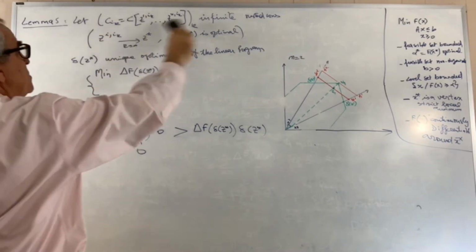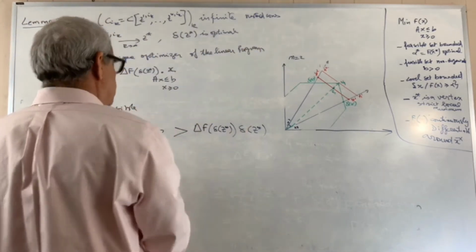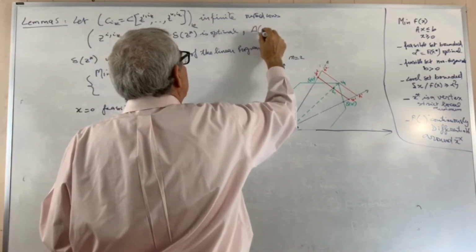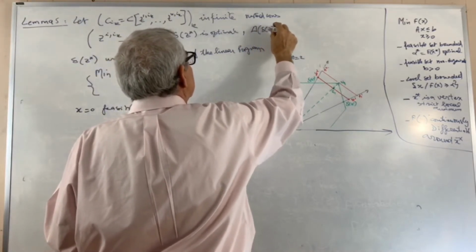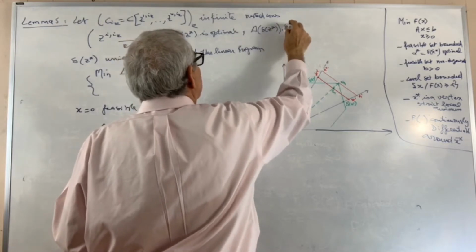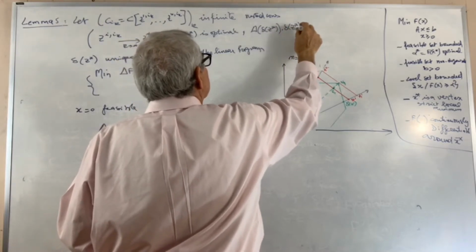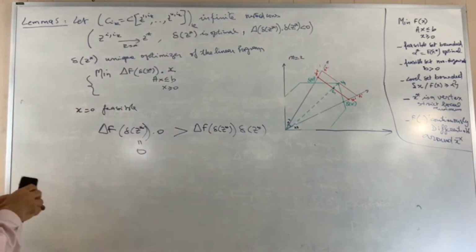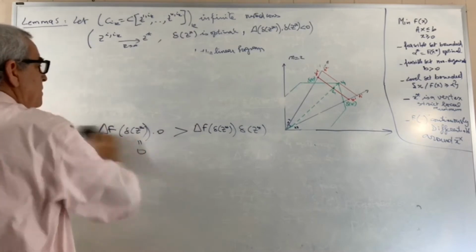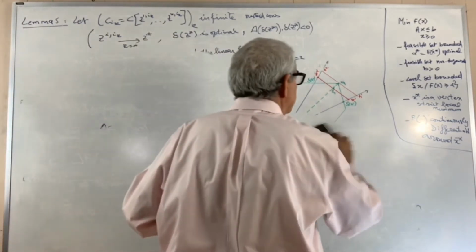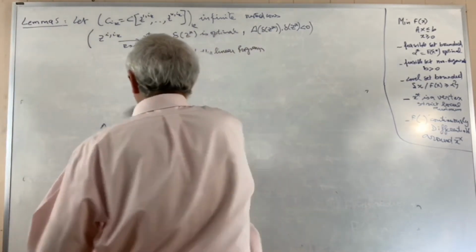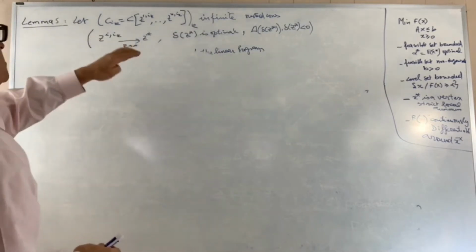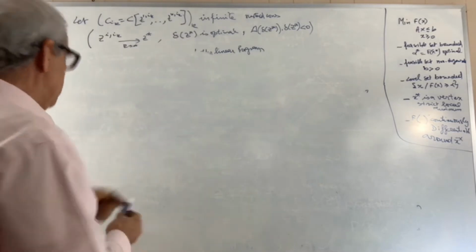The same assumptions, and here I'm just going to put the result we got, that the gradient at delta of z star times delta of z star is negative. Okay? And then I erase all this. Okay. So we have an infinite sequence of nested cones, which means all this.